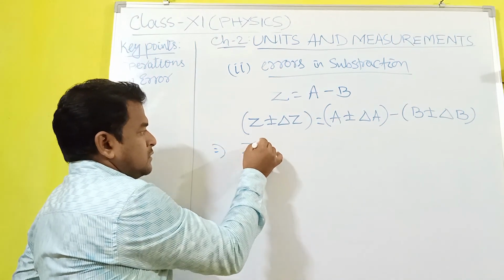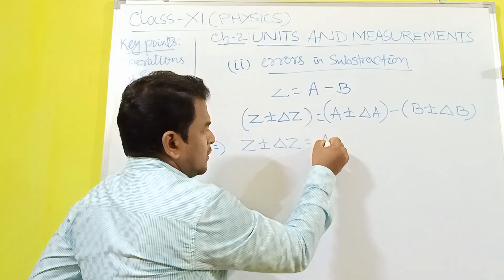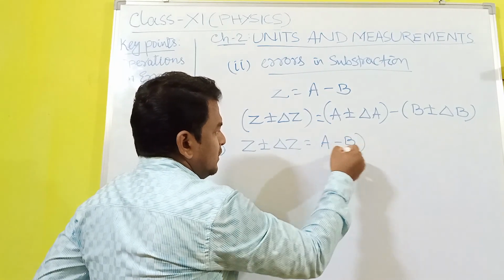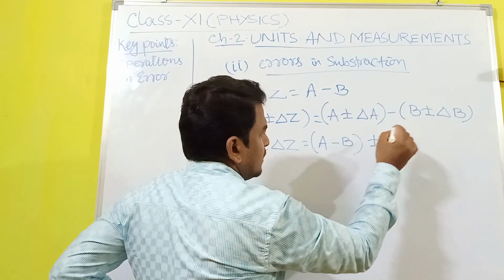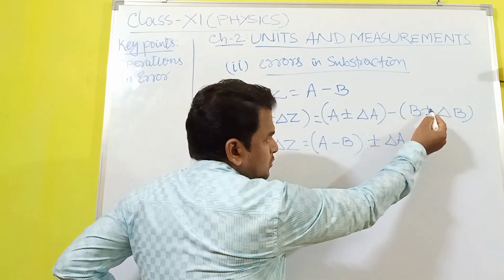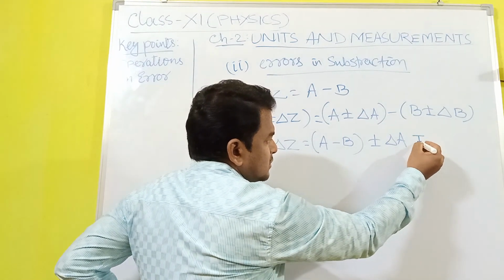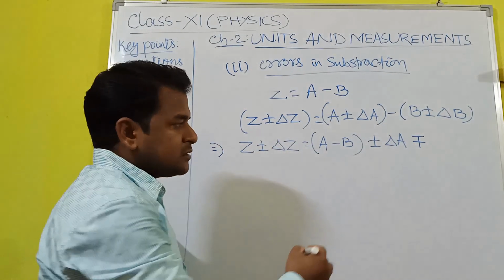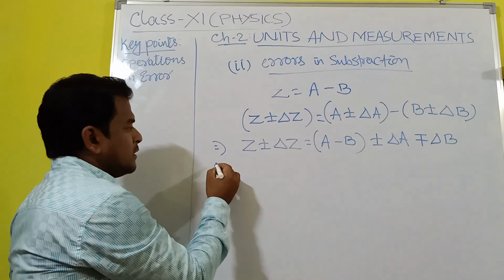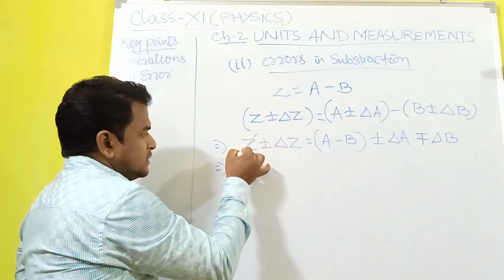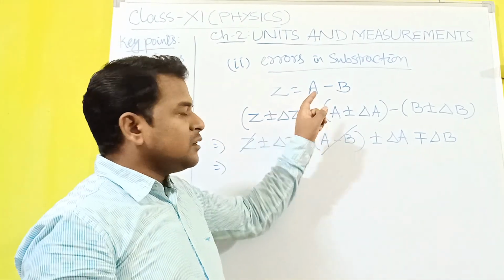Now Z plus minus del Z equal to A minus B, plus minus del A, minus into plus means minus, minus into minus means plus, so this will be minus plus del B. Now Z and A minus B will be cancelled out because Z equal to A minus B.